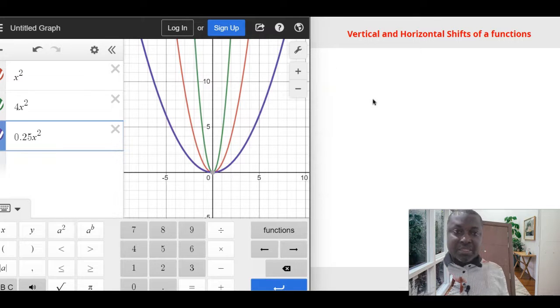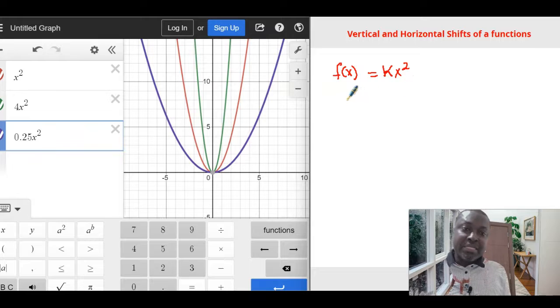So let's say this is the function, kx squared. We are observing that when k is bigger than 1, the graph is behaving towards the y-axis, which is vertical, so it stretches vertically.